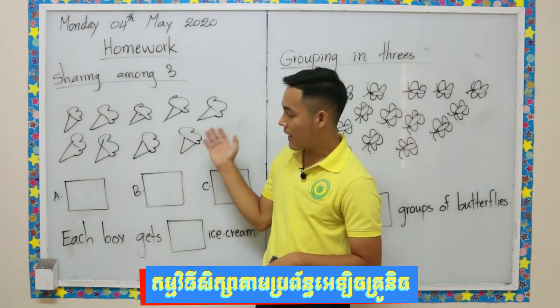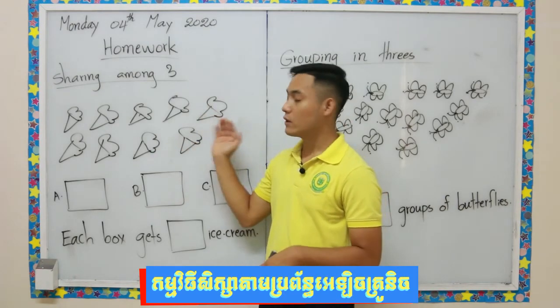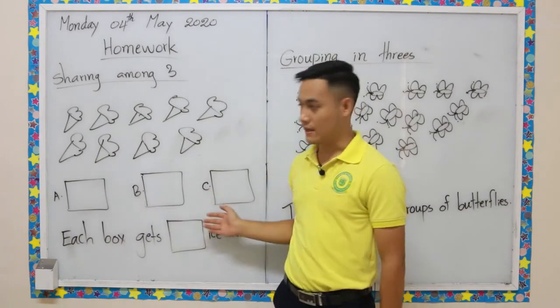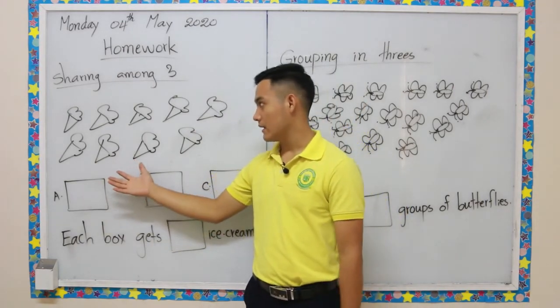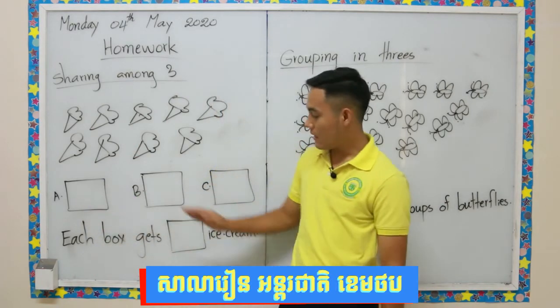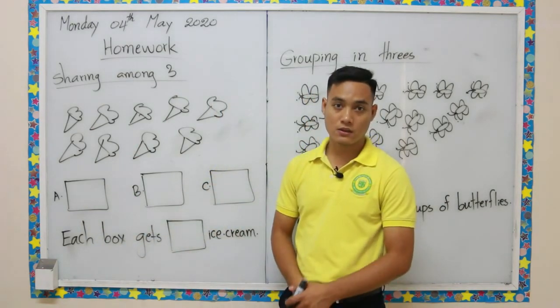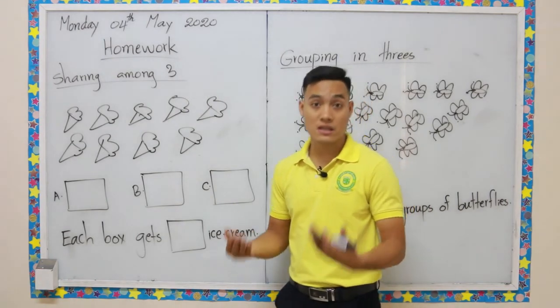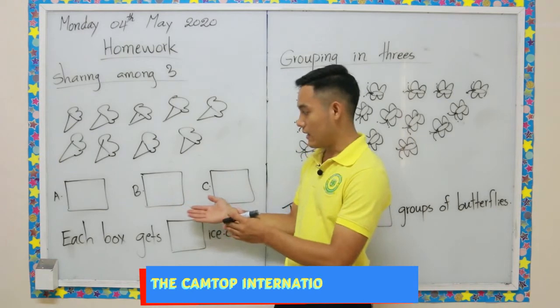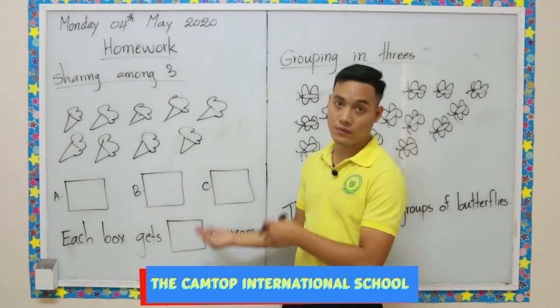I don't know how many ice creams there are, but you need to share ice cream to 3 groups of people right here. So you need to share equally to A, to B, and to C.